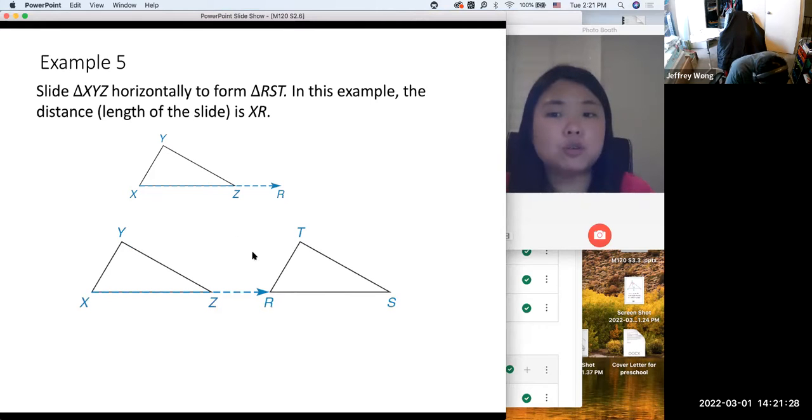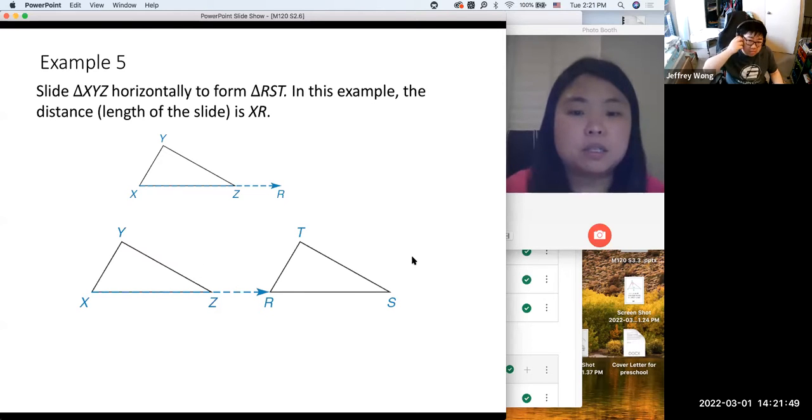And make sure you match the letters. They start with the X. So on here, this one is X, so this is going to be the R from here. Okay, you have to match each letter. Y will correspond to the S. Z will correspond to the T. X, Y, Z. R, S, T. Like that.